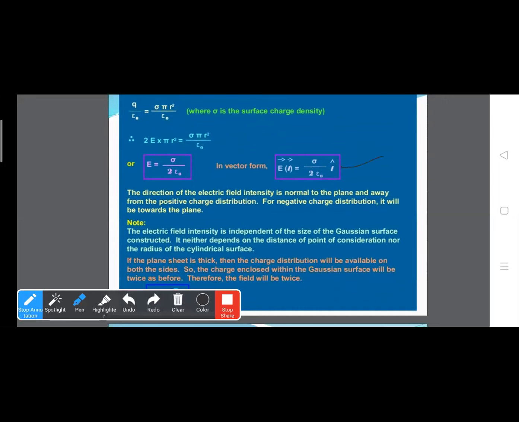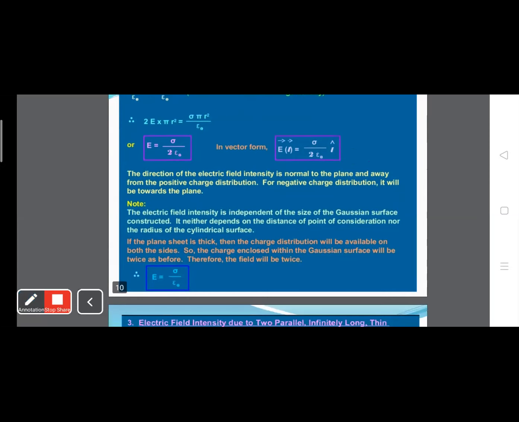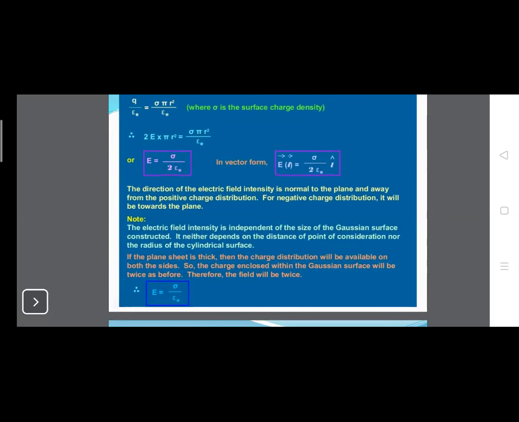Now find the direction of this. The direction of electric field intensity is normal to the plane and away from the positive charge distribution. We have already noted that for negative charge distribution, it will be towards the plane. Now note: electric field intensity is independent of the size of the Gaussian surface constructed.